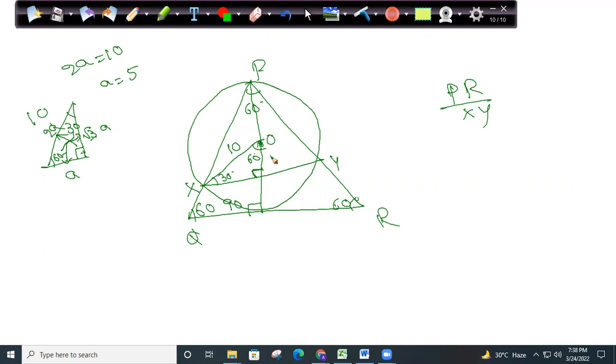So this is 5 root 3. If this is 5 root 3, this also will be 5 root 3. And this is 5. The side opposite to 30 is A, the side opposite to 90 is 10. So the side opposite to 30 is half of this. This is 2A, this is A. So this should be 5, and this should be 5 root 3. So I marked what all I got.